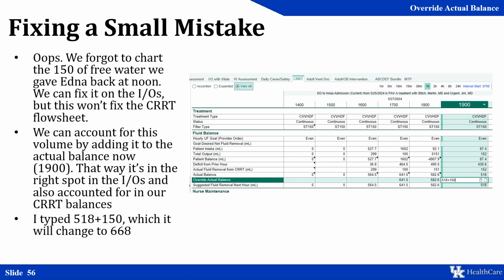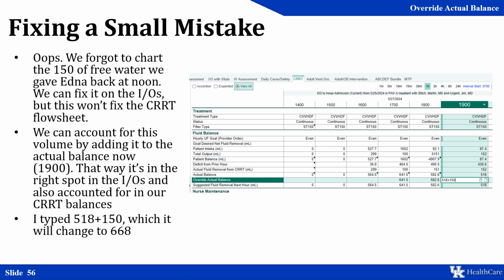Let's use override actual balance to fix a mistake that we made earlier in the shift. Let's say that back at noon when we were giving meds through Edna's feeding tube, we gave her 150 of free water, but I forgot to chart it then and I just realized it now at 7 o'clock. Rather than going back and trying to recalculate 7 hours worth of I's and O's and CRRT flow sheet, we can simply fix it by charting that intake at noon because that's when we gave it, but it won't update the CRRT flow sheet since we've already filed values for noon to 7 o'clock.